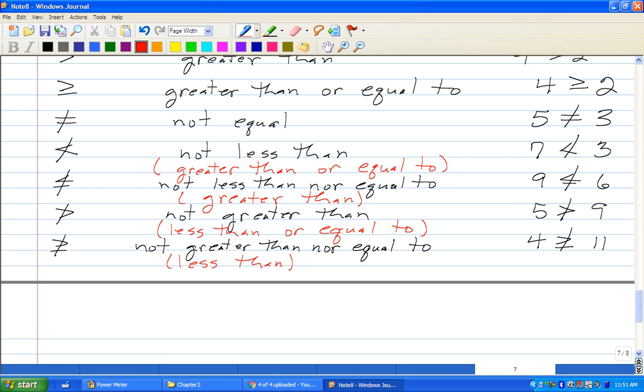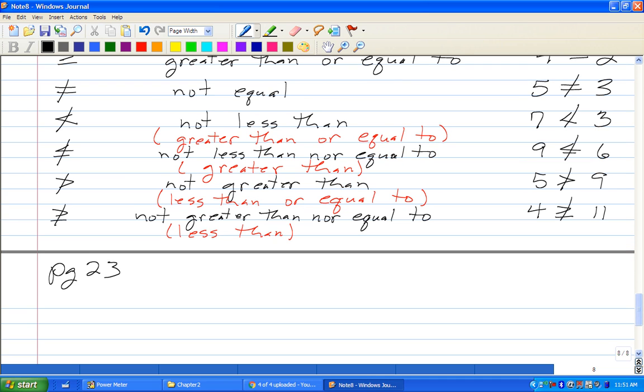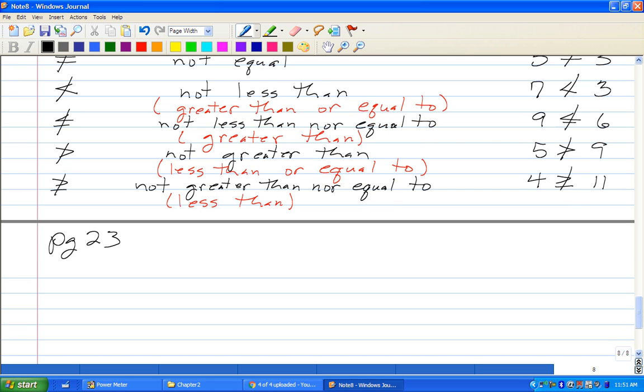Let me do page 23. Problem number 3. A number increased by 9.